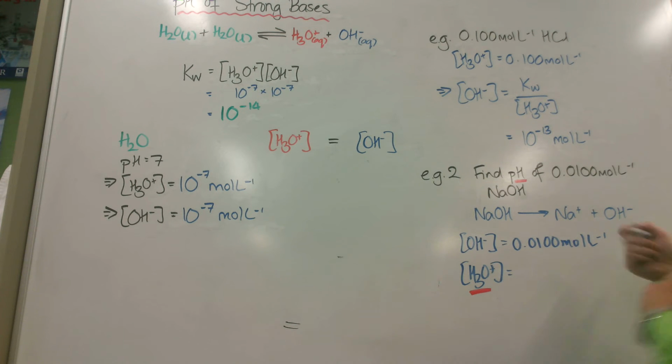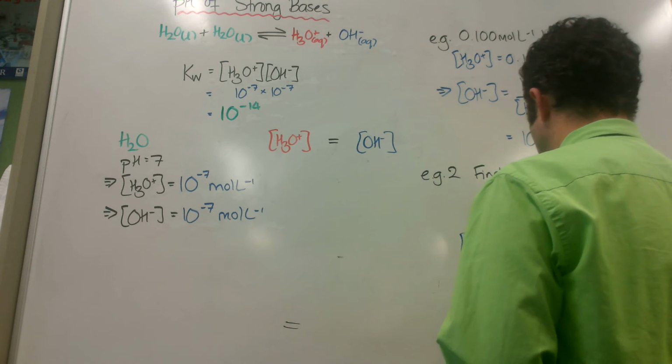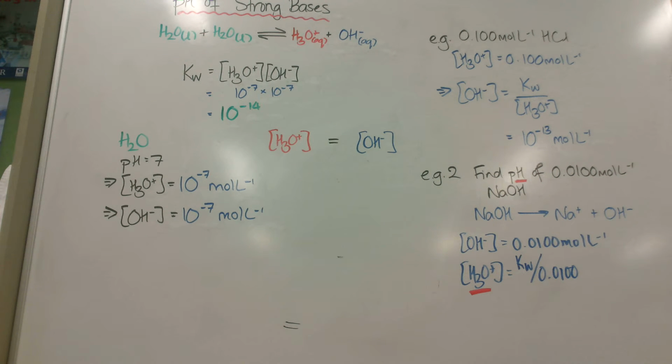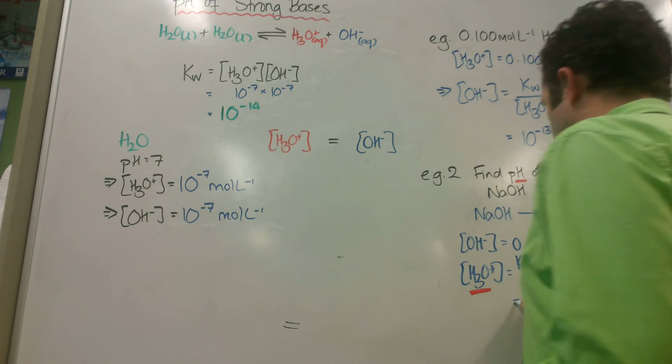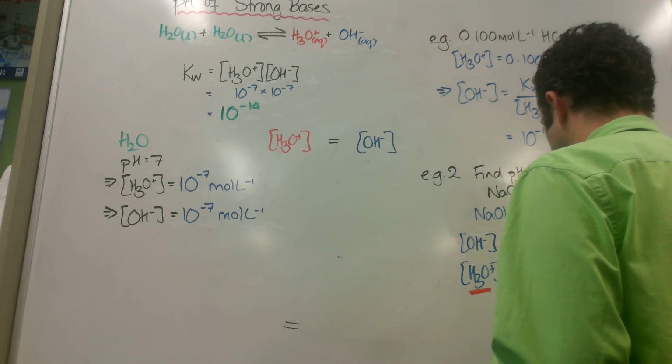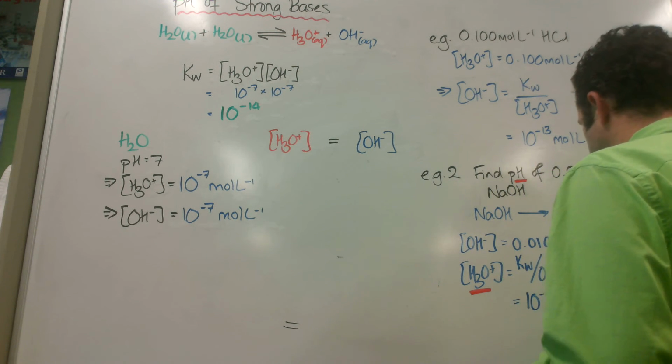So this is Kw over 0.0100 moles per litre. So 10 to the negative 14 divided by 0.01. If you've got calculators on you, have a go. And your calculators will probably say 1.0 times 10 to the negative 12, or 10 to the negative 12 moles per litre.